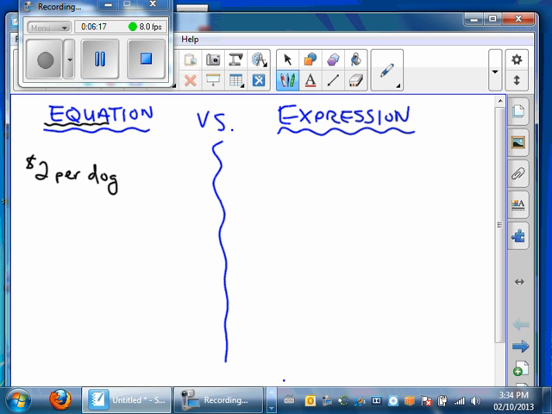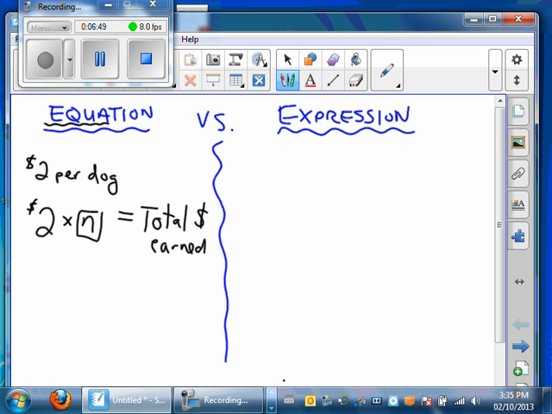We could write an algebraic equation for this: we sell each hot dog for $2, and we don't know how many we're going to sell yet, so we'd say $2 times the number of hot dogs sold, so we're going to say n in that case. It's going to equal the total money earned.